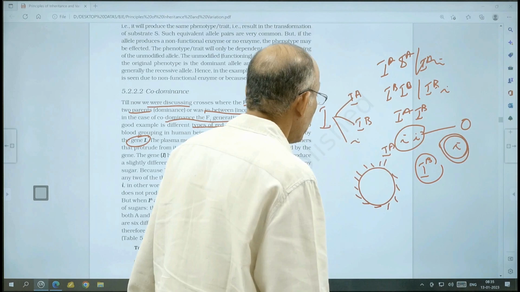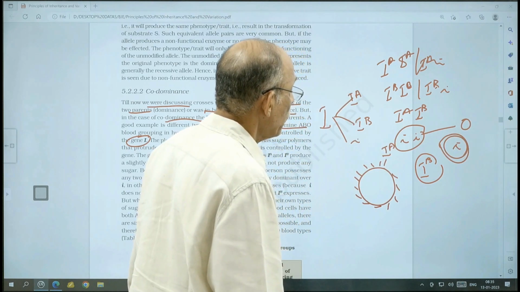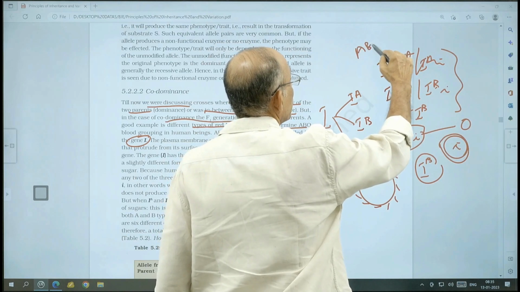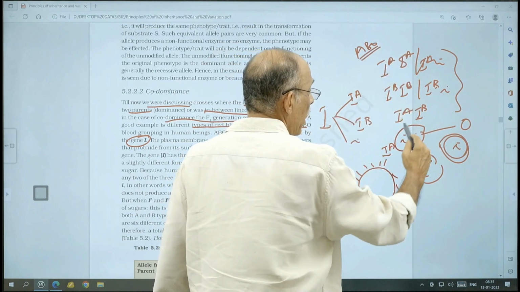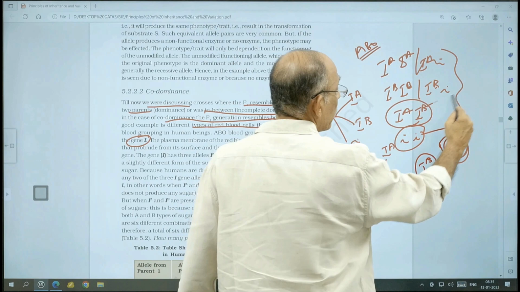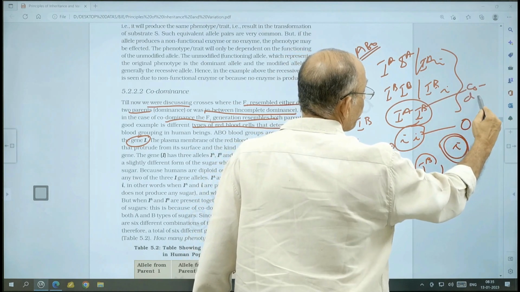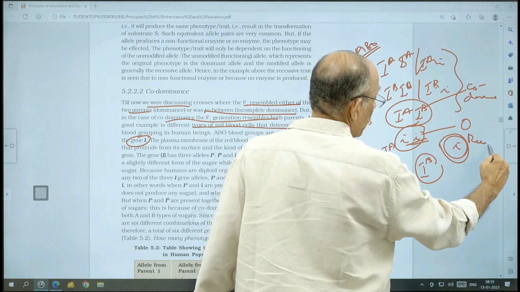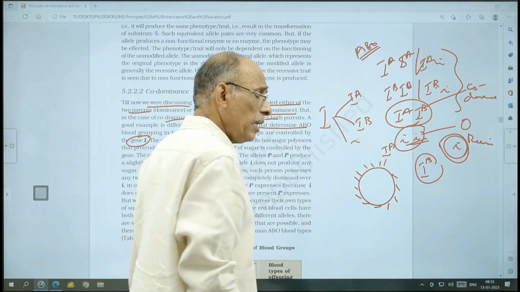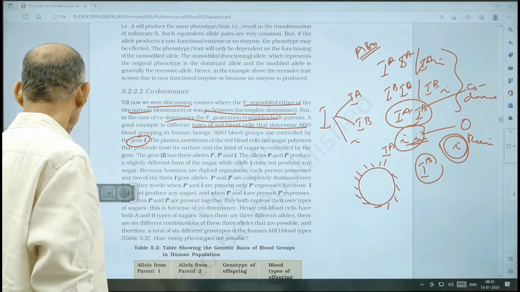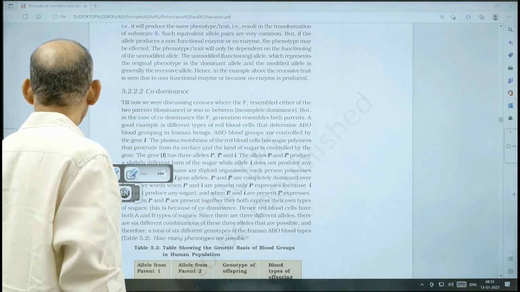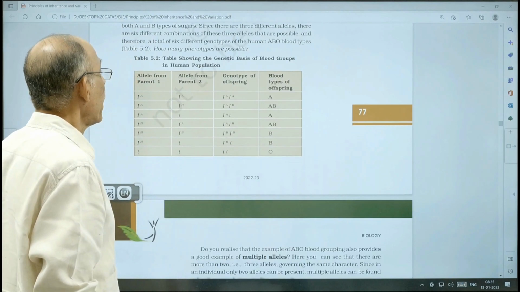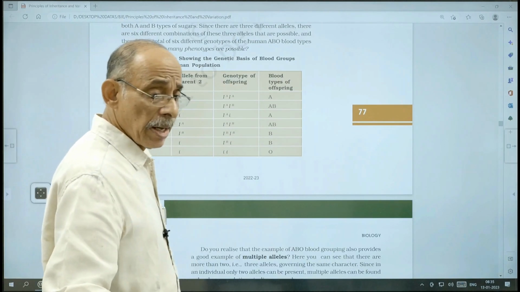Okay. Now comparing this, we can see that the ABO blood group system is a multiple allelic series, IA and IB are codominant in the AB group, and small i is the most recessive condition. There are 3 alleles, 6 genotypes and 4 phenotypes.